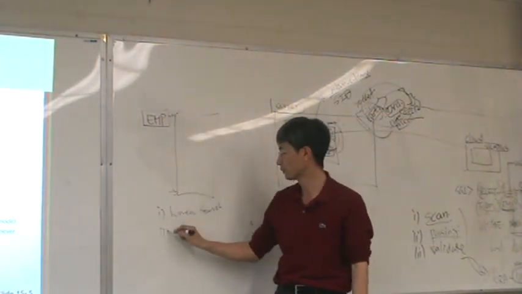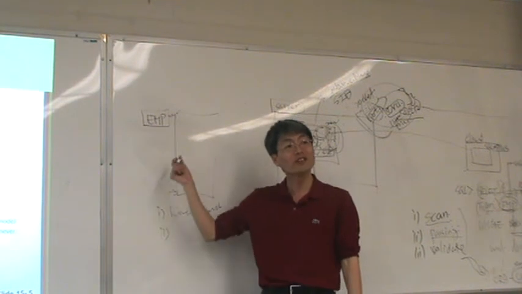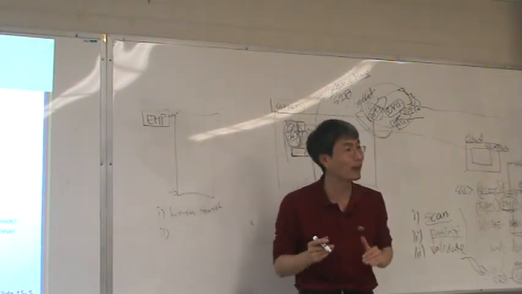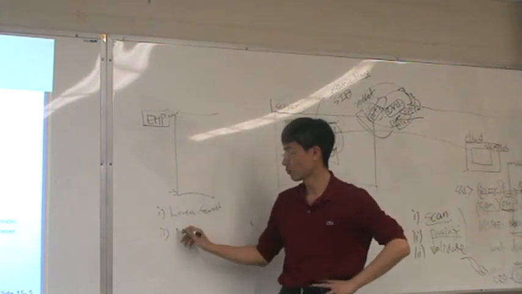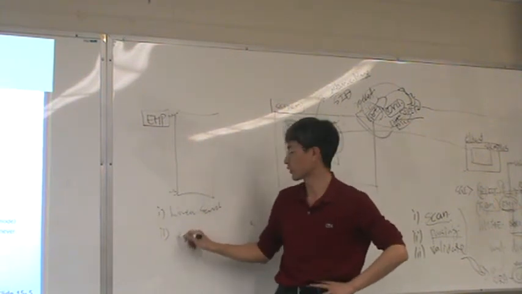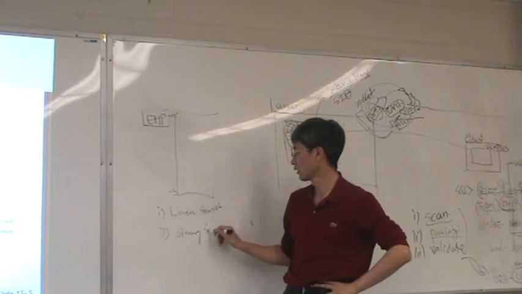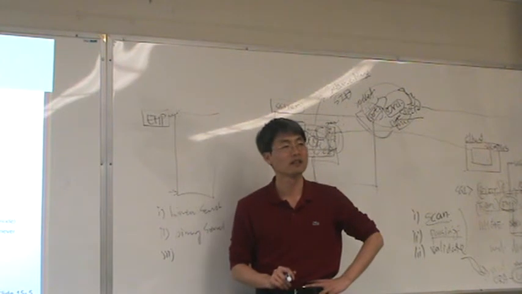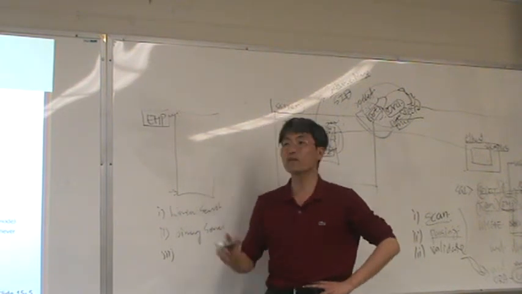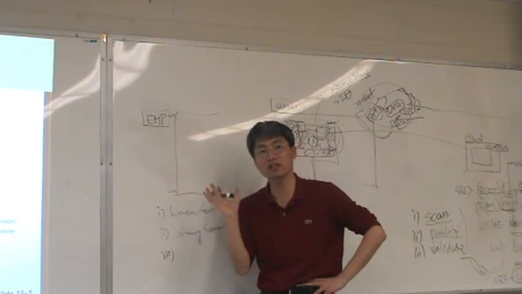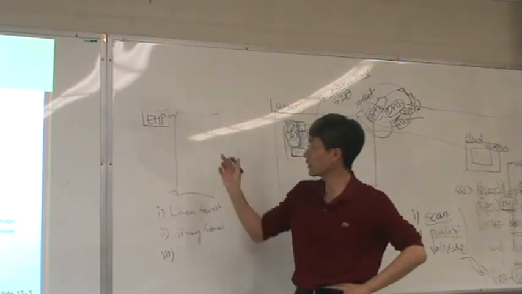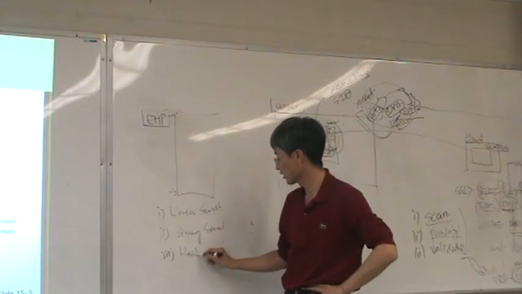What else? If this table is sorted by primary key, we can use binary search. What else? If this table consists of a hash table, if this one is hash, we can use hash.